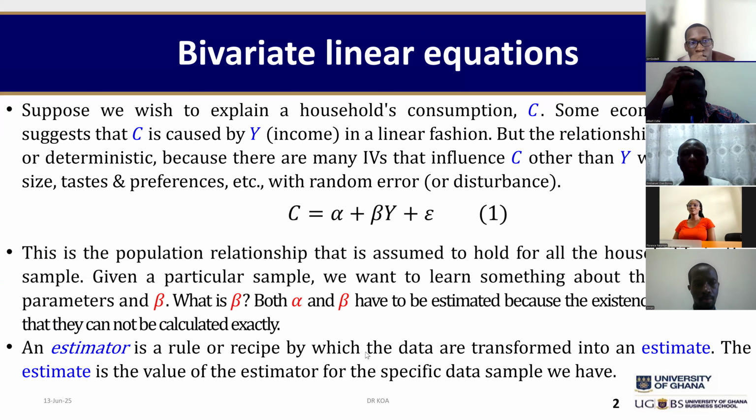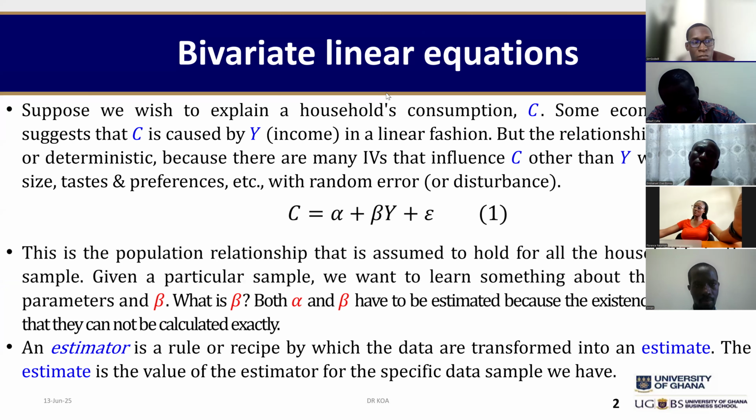Now, the estimator that is used to do that is known as ordinary least squares. So ordinary least squares is an estimator. It's not an estimate, but the ordinary least squares is an estimator that can help you to generate or produce an estimate. Another thing apart from OLS is GLS, generalized least squares. We shall look at some of them.